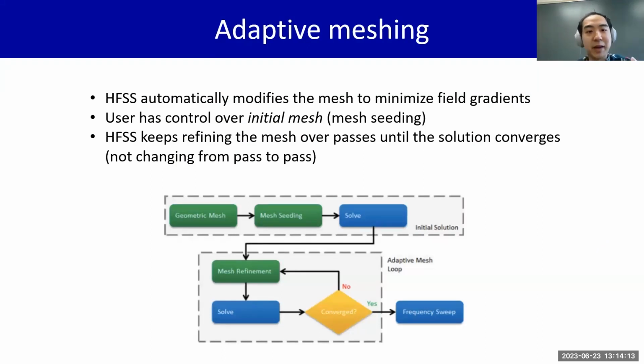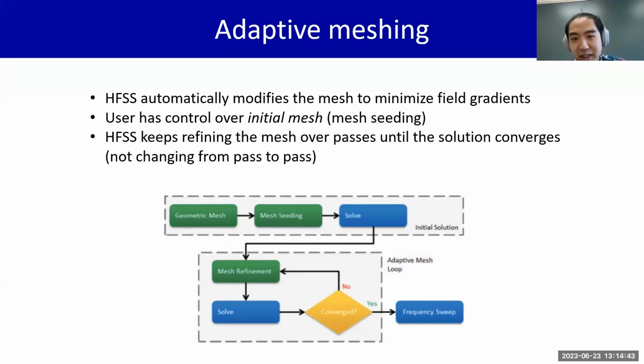Importantly, HFSS does the meshing in a smart way. That's called adaptive meshing, which is where it only starts with a very coarse mesh, and then it automatically modifies the mesh by itself as it's running, as it's analyzing, to minimize the field gradient or to minimize error, basically. What the user gives is only a seed for the initial meshing, and then it will start doing the analysis and refine the mesh from pass to pass.